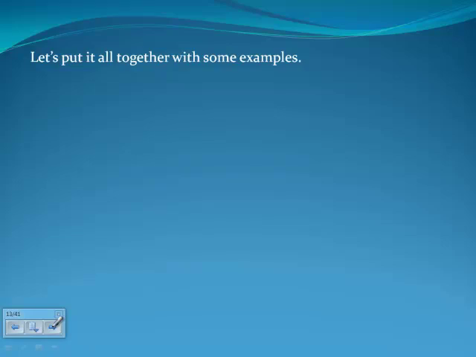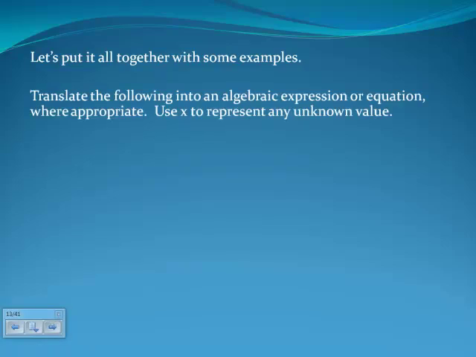Okay, so let's put all of that together with some examples. The problem would say something like this. Translate the following into an algebraic expression or equation where appropriate. Use x to represent any unknown value. So x is going to be your variable.